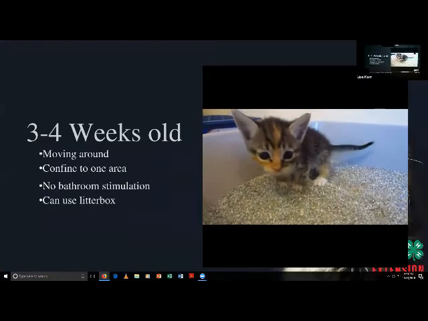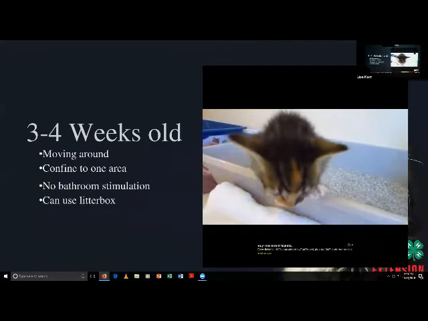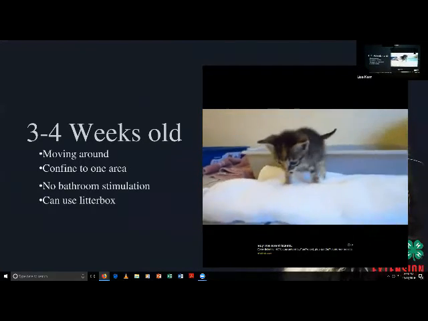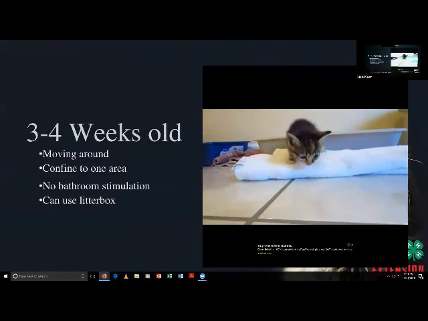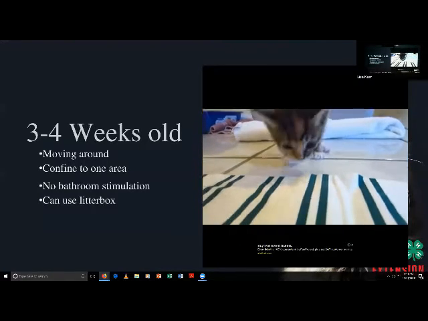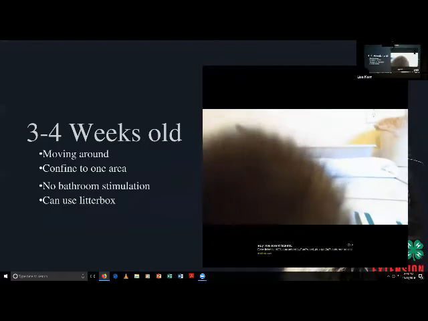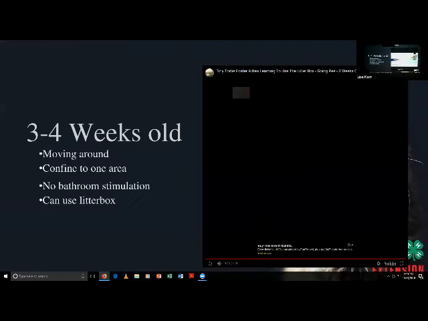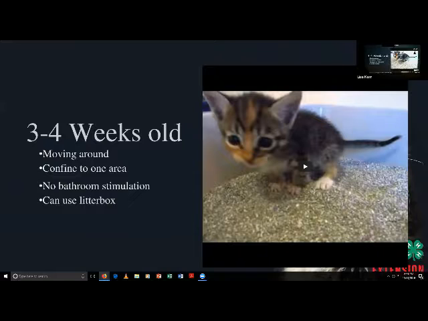So by the time they're 3 to 4 weeks old, they start moving around a lot more. And at this point, it's a really good idea to set up a barrier to prevent them from wandering off. Just make sure that you put up some sort of fence. It should be low enough that the mother can still jump over it. But around the same time, the kittens gain the ability to defecate without their mother's help, which is probably awesome for her, and she's really excited about that.